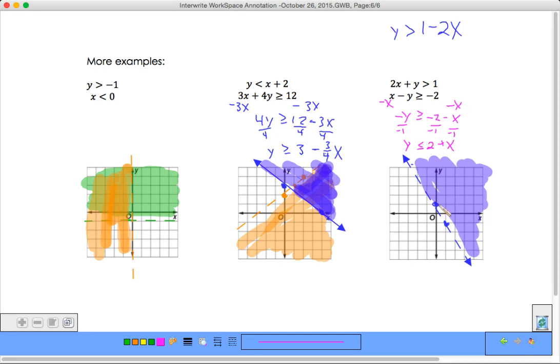I'm going to start at positive 2. And then I'm going to go up 1 over 1 for my slope. Because it has a line underneath, we want a solid line. So I'm going to draw a solid line.